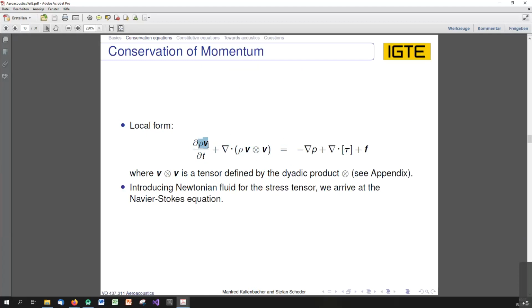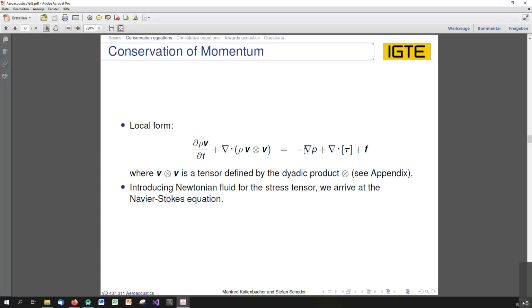Here we have again this quantity of the momentum. We also have it here, and it's kind of related to the velocity, as we also had it before in the mass conservation. And on the other side, we have the forces.